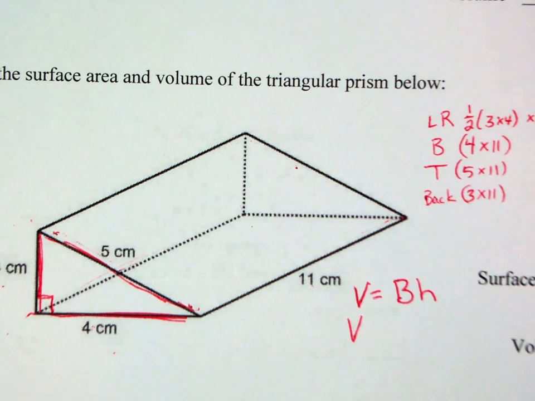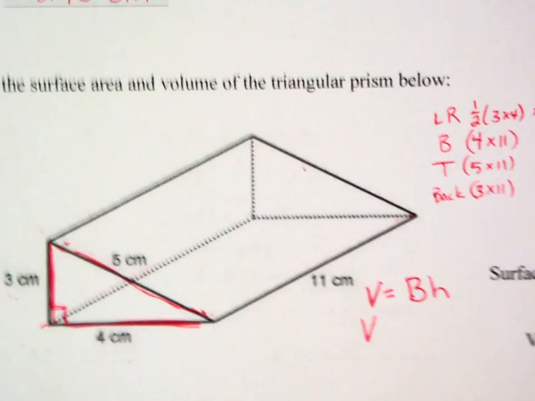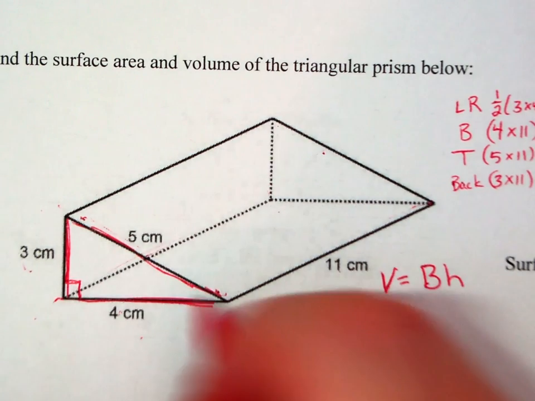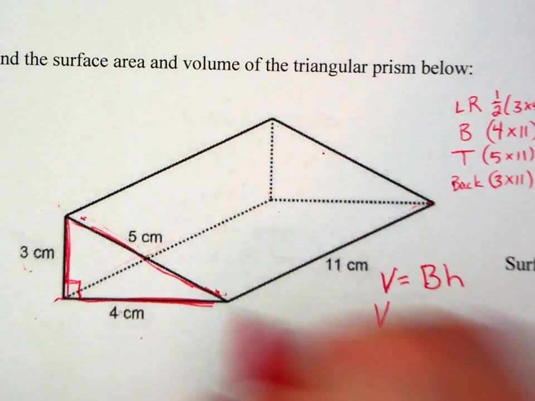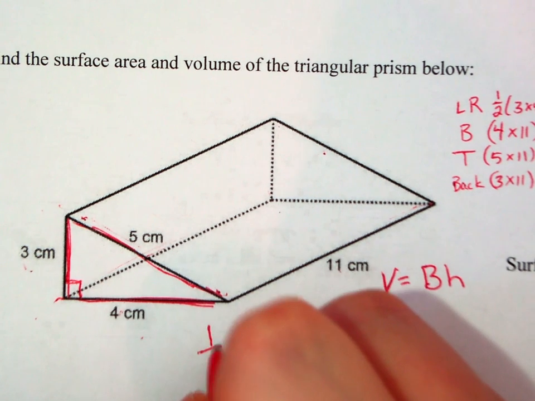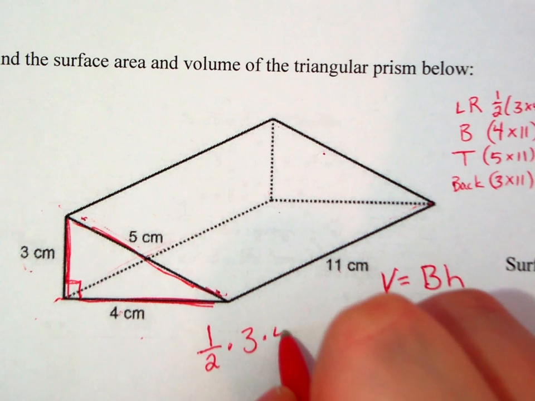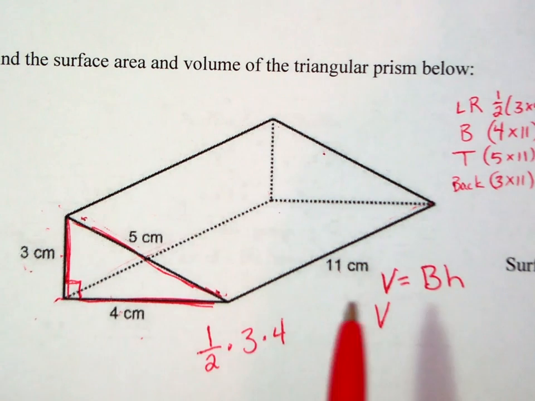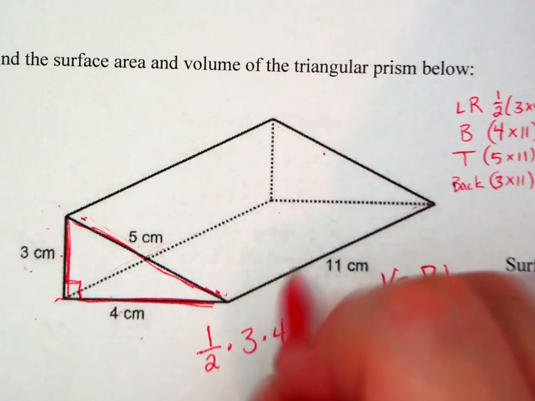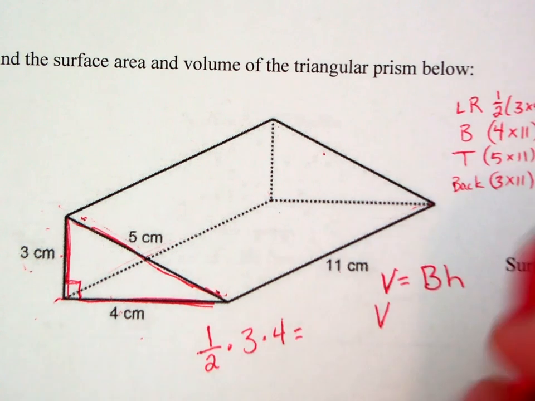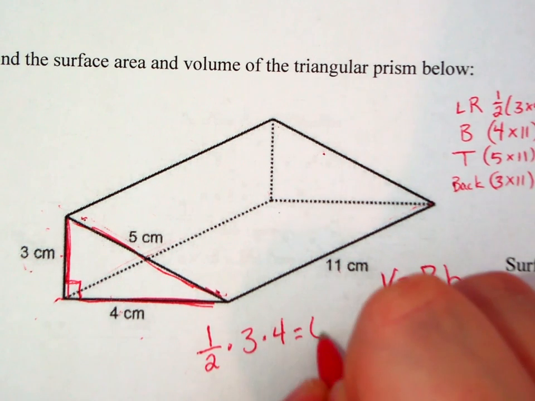So my volume would equal the base. Well, first I need to find the base. My base is a triangle, and I need to find the area of the base. That would be solved by saying 1/2 times 3 times 4. Got to find the area of the triangle. 4 times 3 is 12. Half of that is 6.